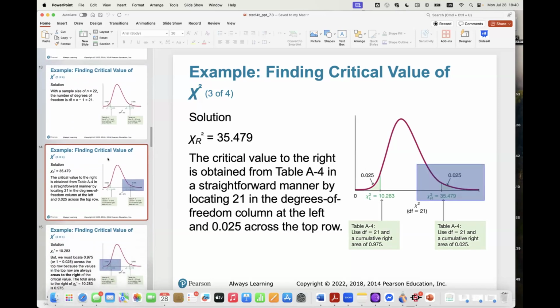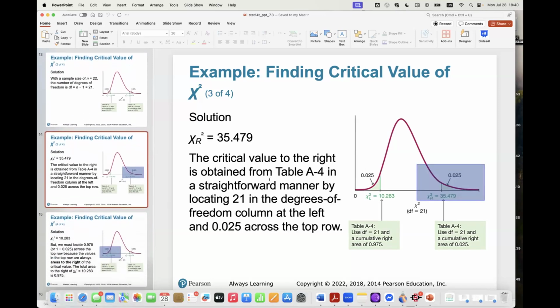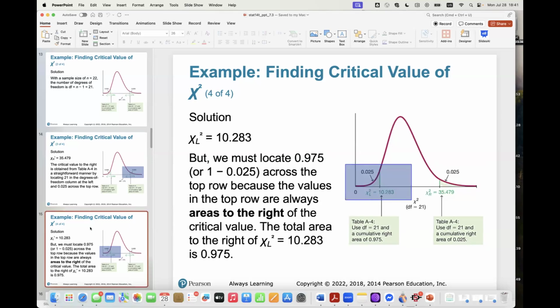Then we can make the conclusion here. The critical value to the right is obtained from table A4 in a straightforward manner by locating 21 in the degrees of freedom column at the left and 0.025 across the top row. You can see this table and then find this number easily.